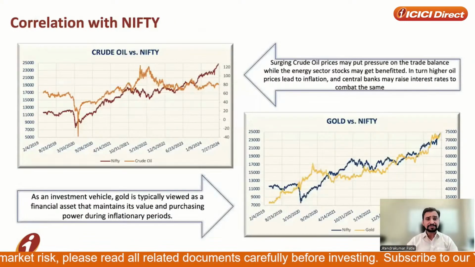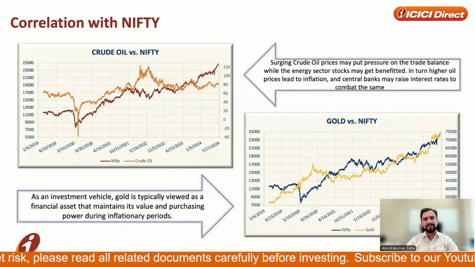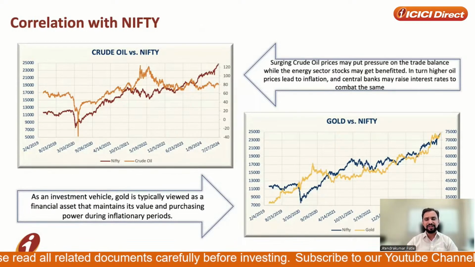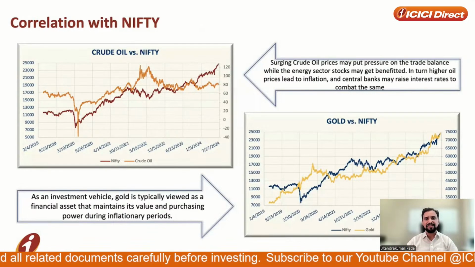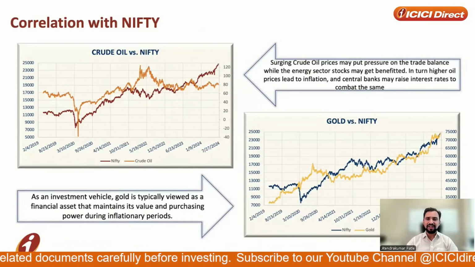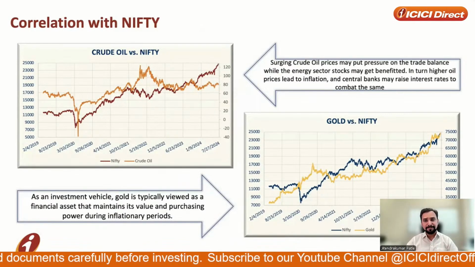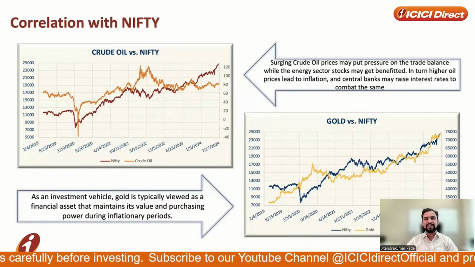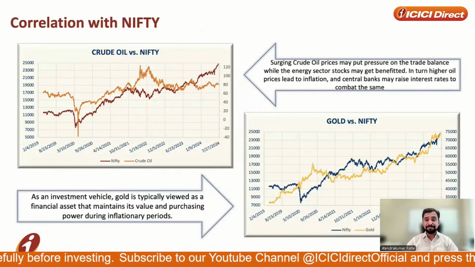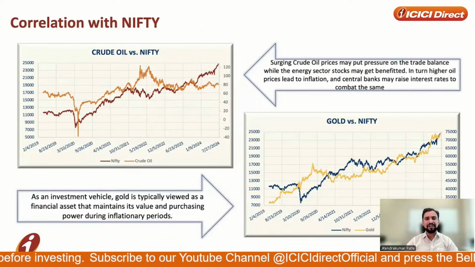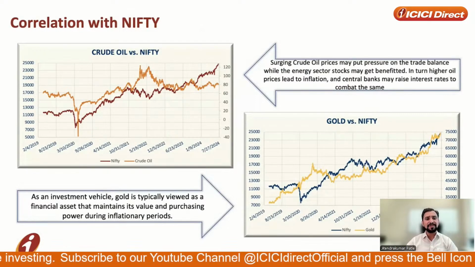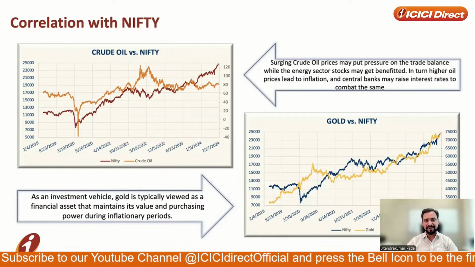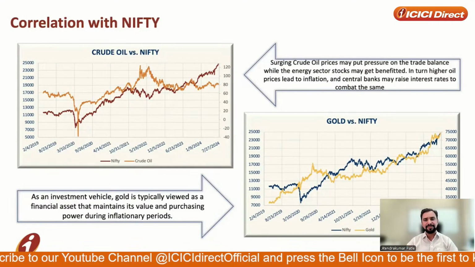Moving ahead, let's understand the correlation of commodities with Nifty, because we track the equity market on a day-to-day basis. Whenever the prices of crude oil surge, definitely the margins of a few companies get impacted. You can take the example of paints, where crude oil is a raw material. If the price of crude oil goes up, the stock price of Asian Paints or any paint company will go down.